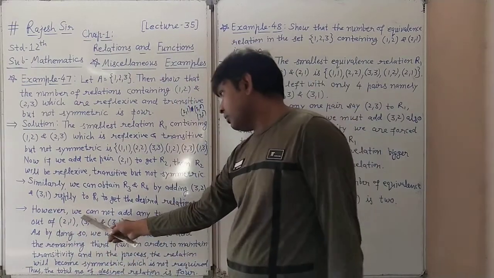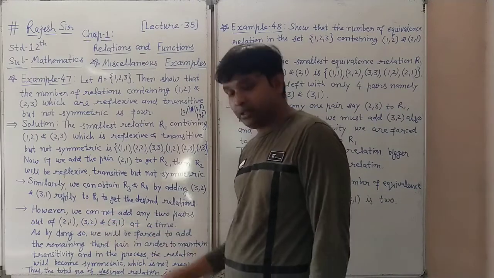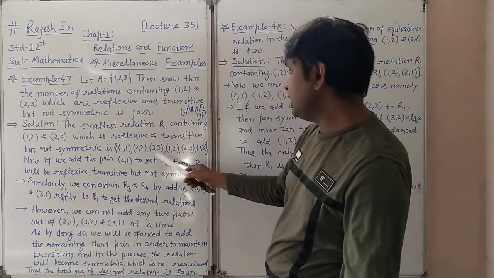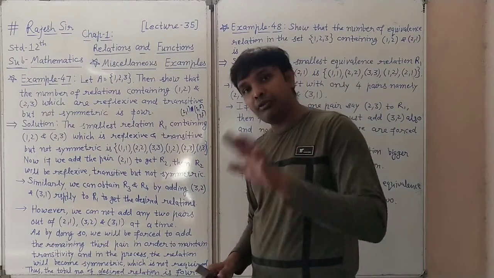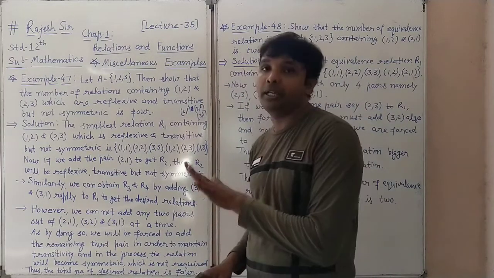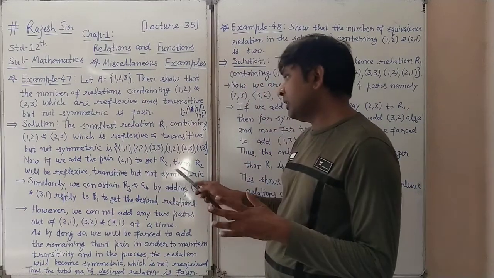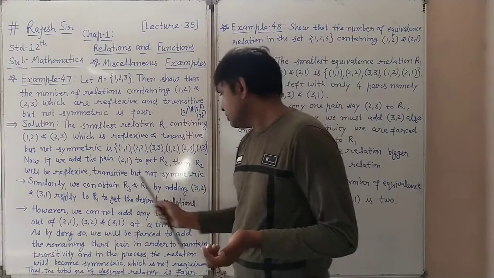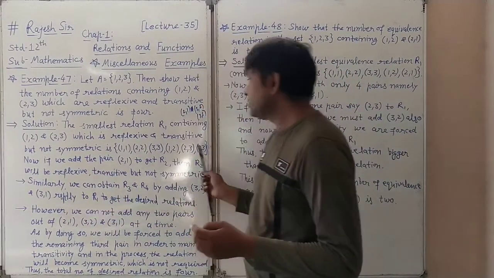However, we cannot add any 2 pairs out of (2, 1), (3, 2) and (3, 1). I told you that there are 6 pairs in R1, and in R2, R3 and R4 there will be 7 pairs. Adding one at a time, (2, 1) gives R2, (3, 2) gives R3, (3, 1) gives R4.